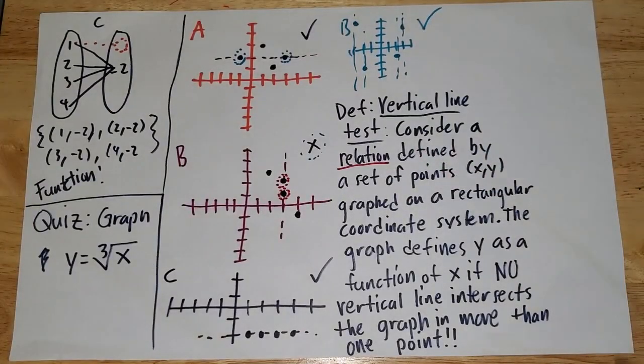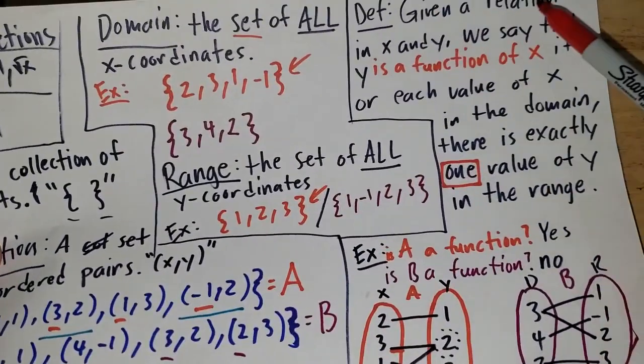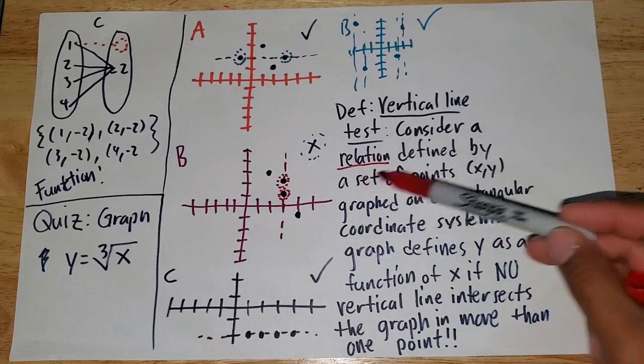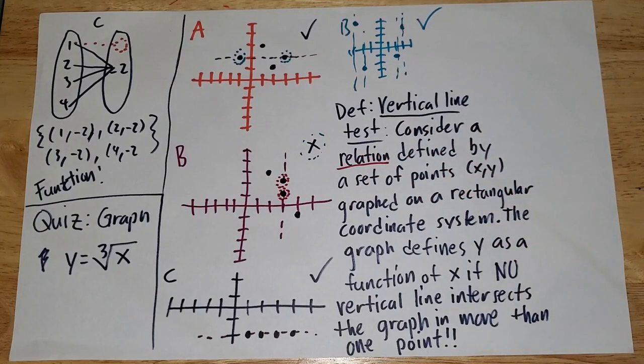So consider a relation defined by a set of points x, y. Again, given a relation in x and y, consider a relation defined by the set of points x and y. This means the same thing. These are other words starting that same definition of what it means to be a function. But this is using the vertical line test to verify if your graph, your relation, your equation is a function.